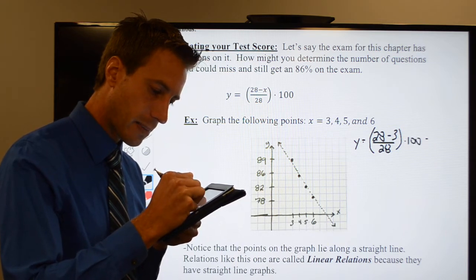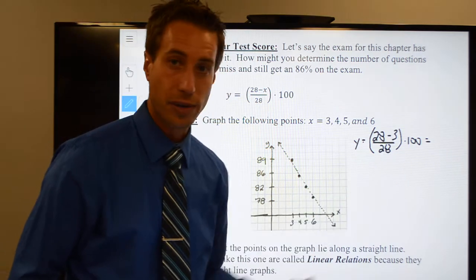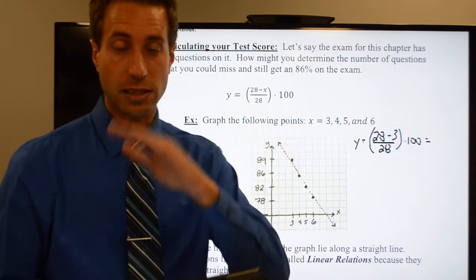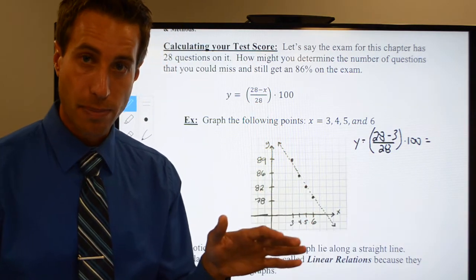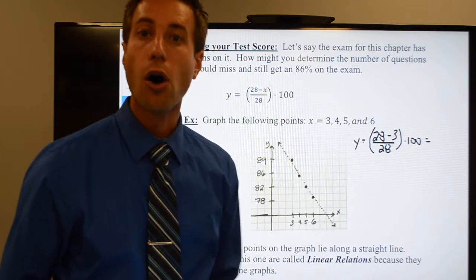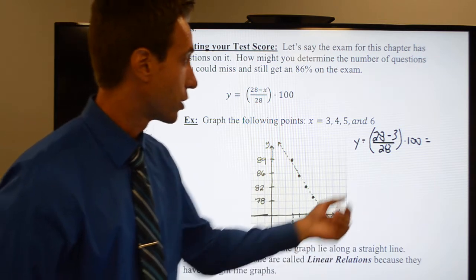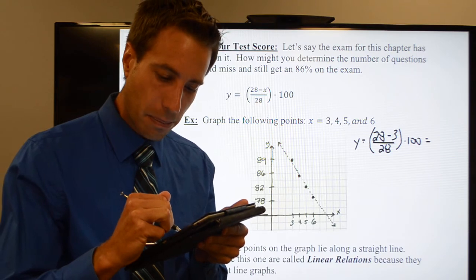Please feel free to do it in your calculator, and make sure you do what's in parentheses first. 28 minus 3, you should get 25. Divide 25 by 28, you'll get a decimal, then multiply by 100. If you're going to put this in your calculator all at the same time, you will need all the parentheses. Make sure you get those parentheses in there, and you should get 89.3%.